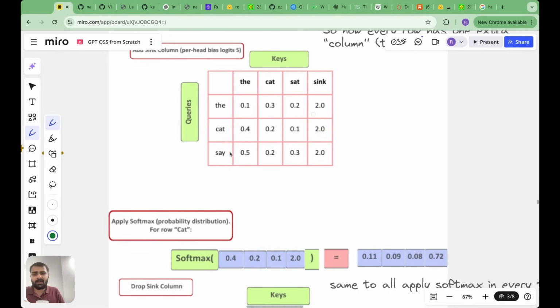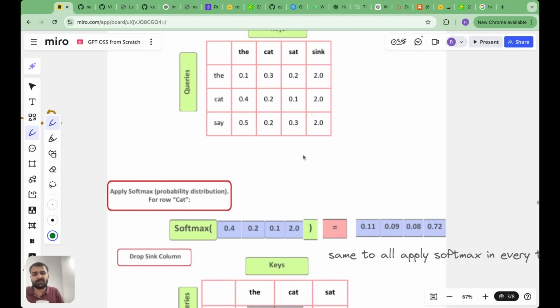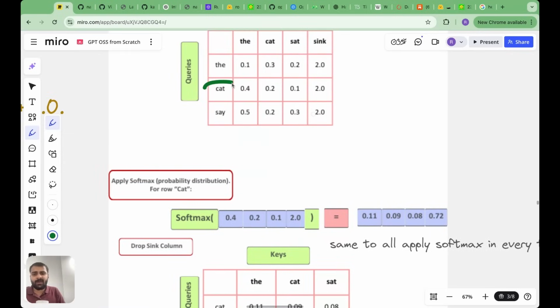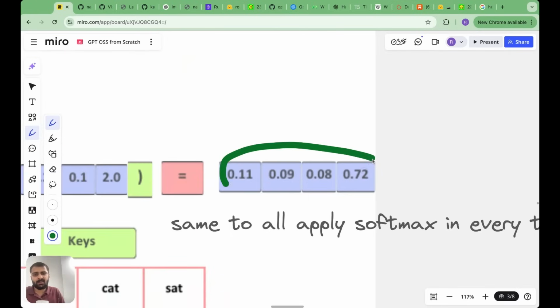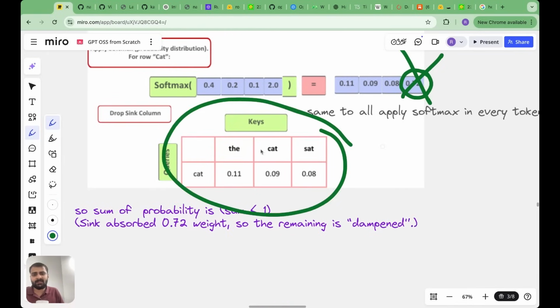Now let's say you take a softmax of all of these, and if I look at the row of cat, once you take softmax, maybe it becomes this. It all adds up to 1. But this is the score by the attention sink, so we neglect it. And then finally, we only look at these three anyways.